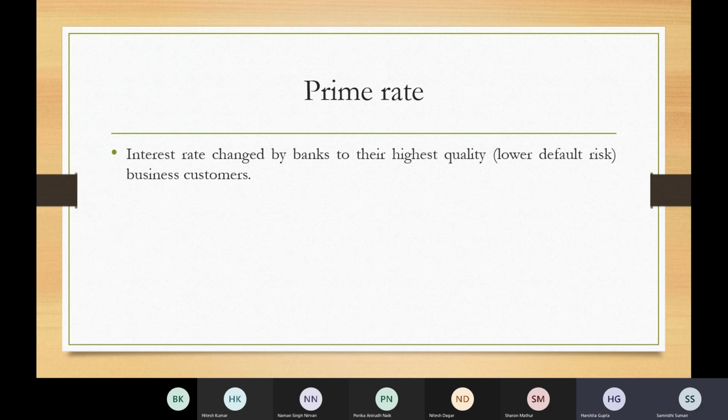Moving forward, prime rate. So sometimes there are customers of a bank who are very valuable to them. Maybe they have a very large bank account with them, or they have transactions in crores and crores with the bank. So the banks offer them a little premium rate, which is your prime rate. It is not offered to all the customers, but reserved for specified customers basically.